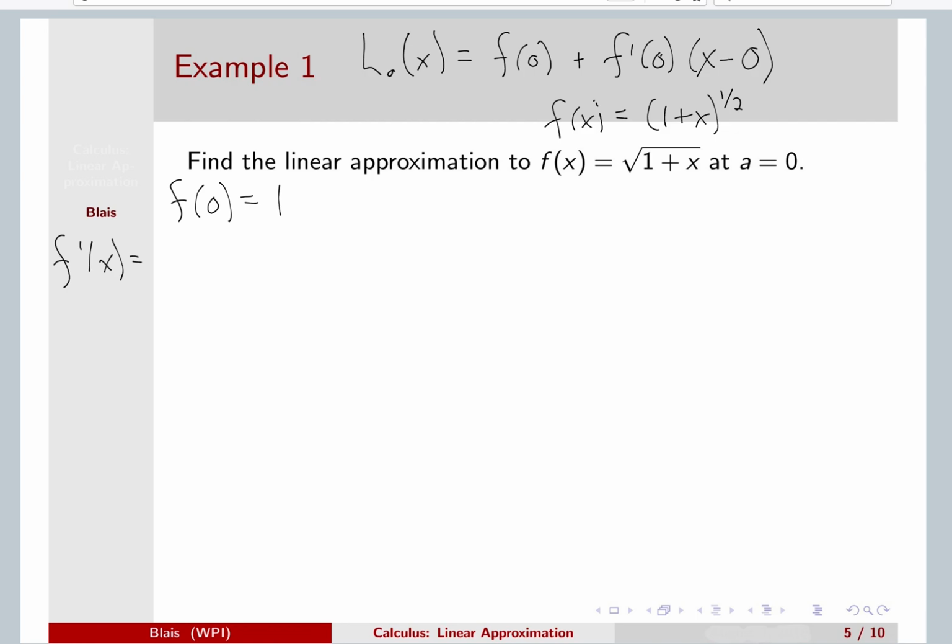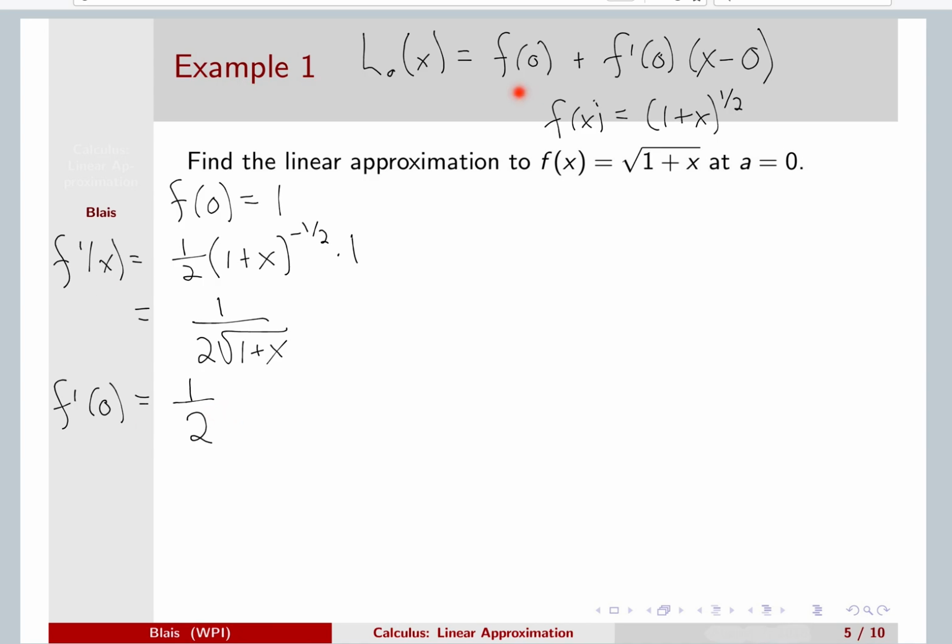So we use the power rule on the outer function, 1/2 times the inner function left alone to the minus 1/2, times the derivative of the inner function, which is just 1. So this is 1 over 2 times the square root of 1 plus x. Now note, we need this evaluated at 0. So f prime of 0 is 1 over 2 times root 1, or 1/2.